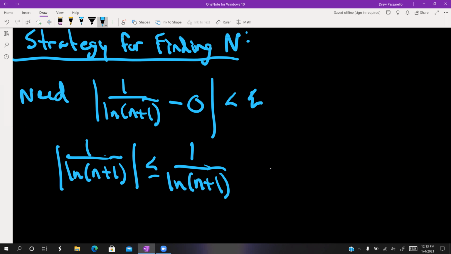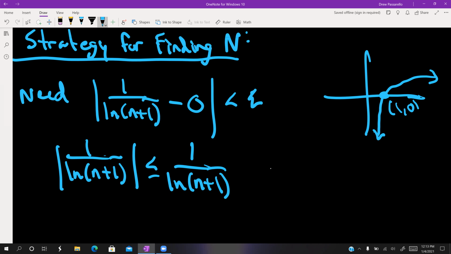Now recall that the logarithm graph goes like this, and it crosses the x-axis at the point 1 comma 0. So when n is 1, the natural log of 1 is 0.